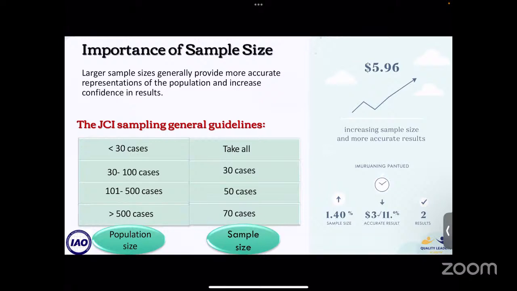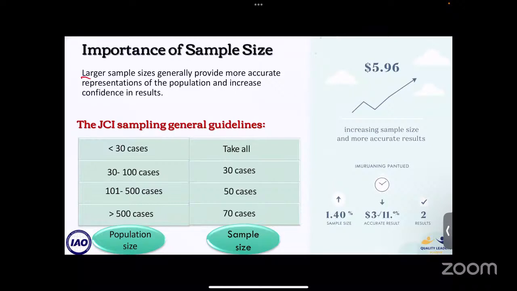Okay, so let's proceed. Now about the sample size. Is it better to have a small sample size or a large sample size? To ensure that the study is more accurate, should the sample size be small or large? Small? You're wrong.